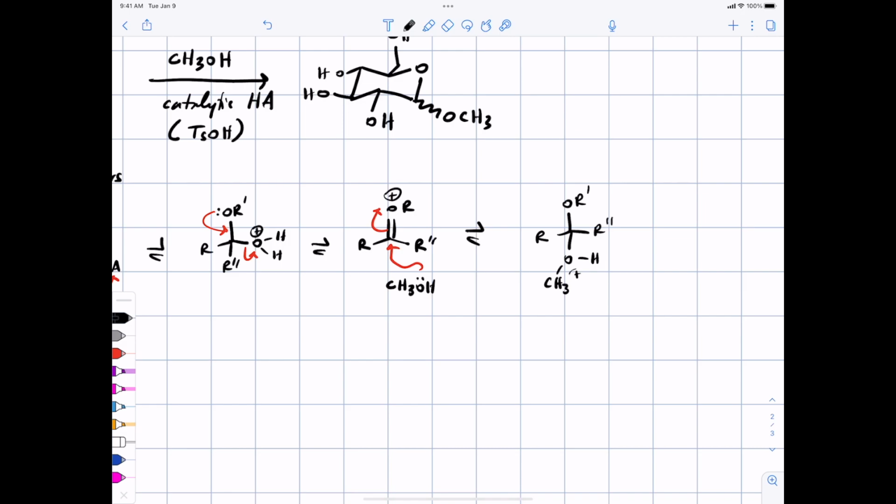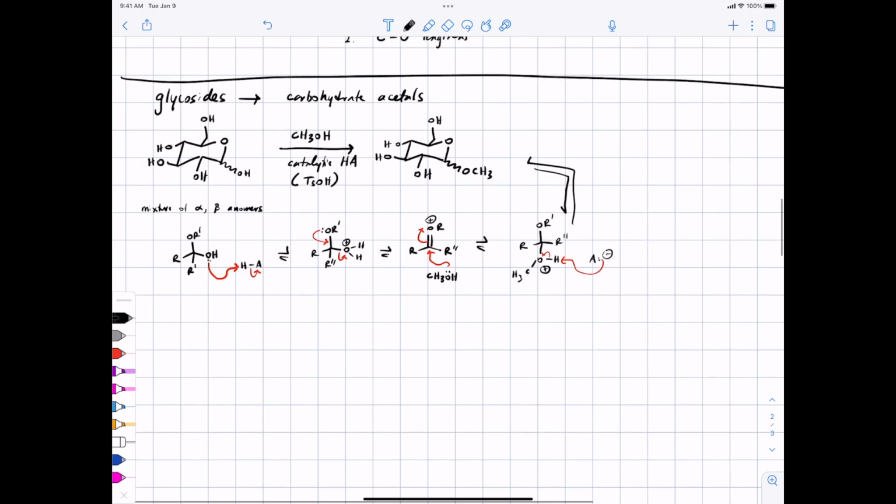The thing that drives this reaction to completion is the fact that we are removing water. And then we restore our acid catalyst, and that gives us that product. Okay?